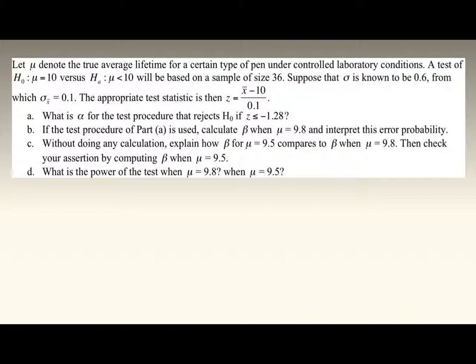The appropriate test statistic is then z equals x bar minus 10 over 0.1. All of that is extra information that you could have found yourself. Because sigma is known, that's why we're using z. All they did is write a test statistic. What is the alpha for the test procedure that rejects H0 if z is less than or equal to negative 1.28?